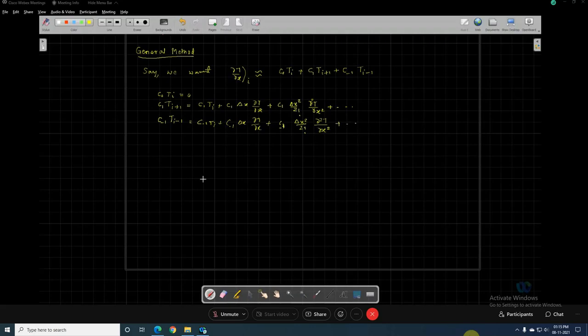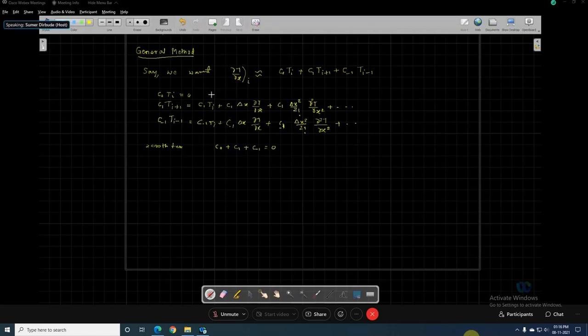Now from the zeroth order term, you can write C naught plus C1 plus C minus 1 is equals to 0. Okay. For getting del t del x, you want this term to be 0.